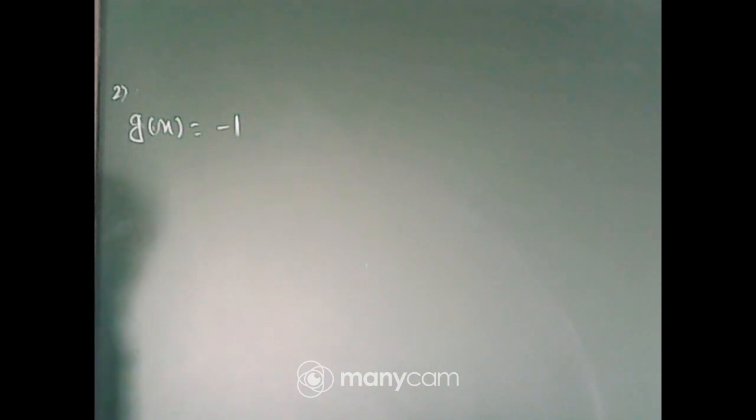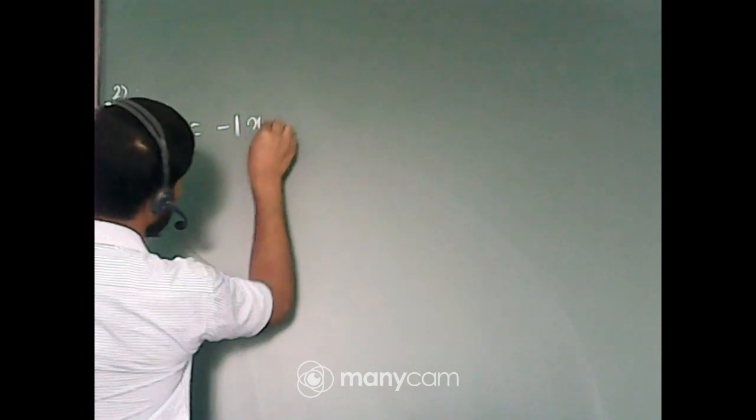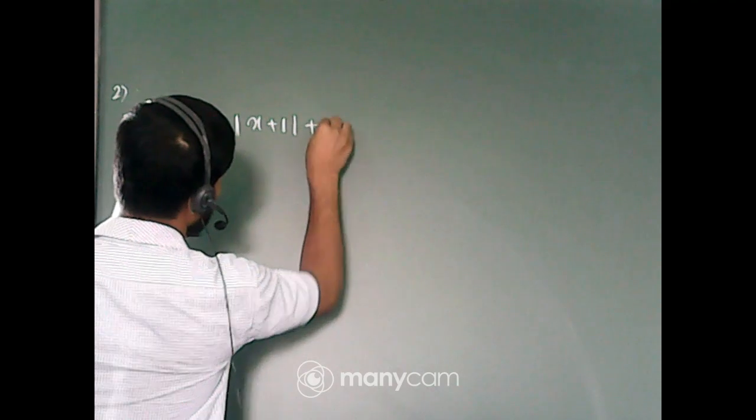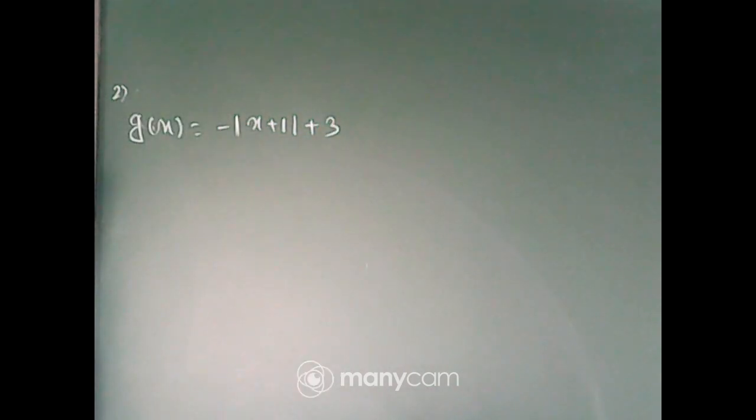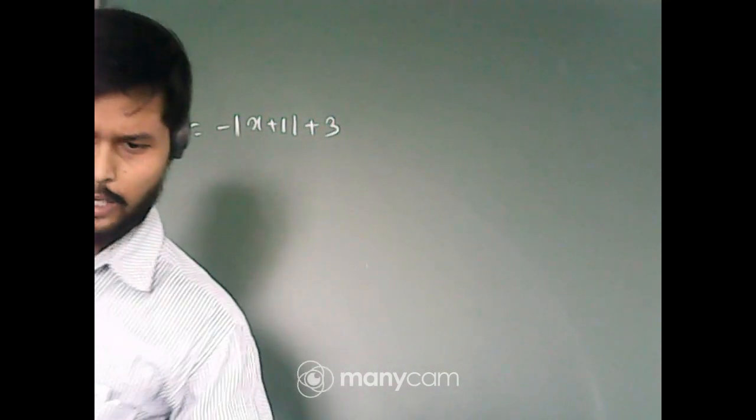So I'm rubbing the board. The function is g of x. G of x is equal to minus mod of x plus 1 plus 3. So we have to find the maximum value or minimum value if it exists.